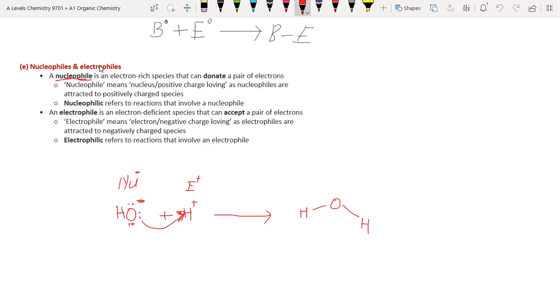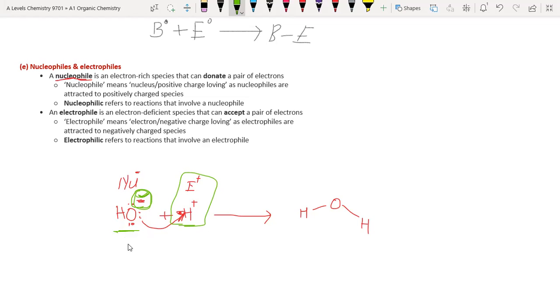Let us see a reaction in which OH negative, which is negatively charged, is a nucleophile as it contains a large number of electrons. And H positive ion is an electrophile as it is positively charged and requires electrons to get stable.